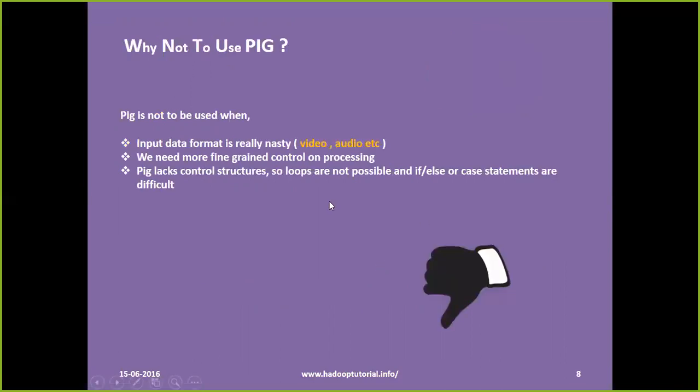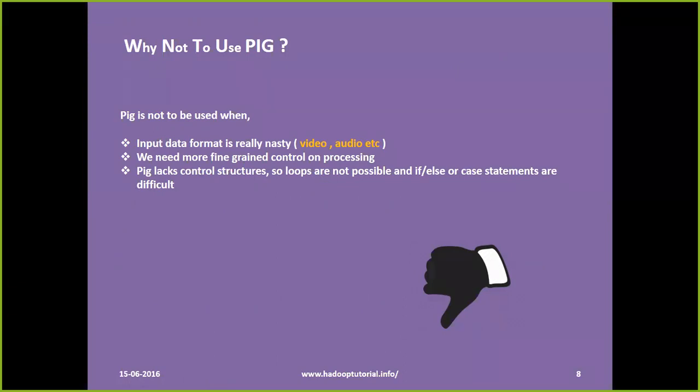And when not to use Pig. Okay. So when your input data format is really nasty, in the sense videos and audios and photos, in those scenarios Pig may not be the best fit.